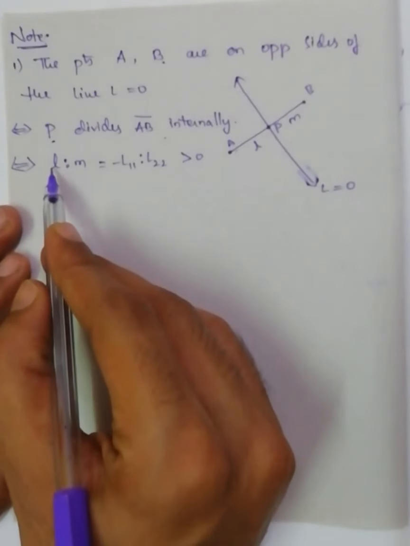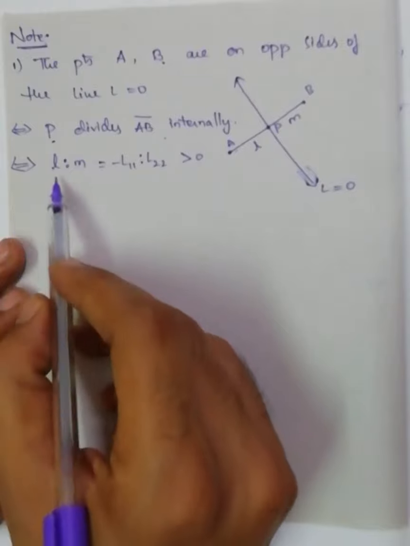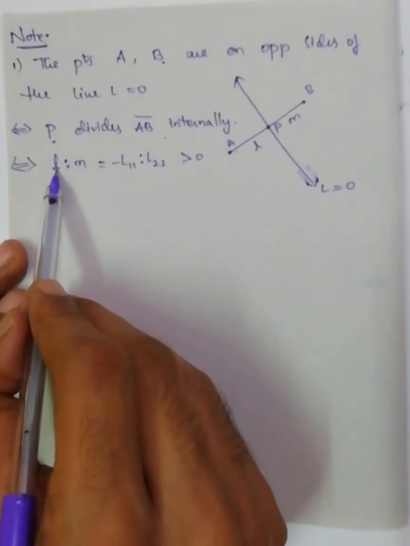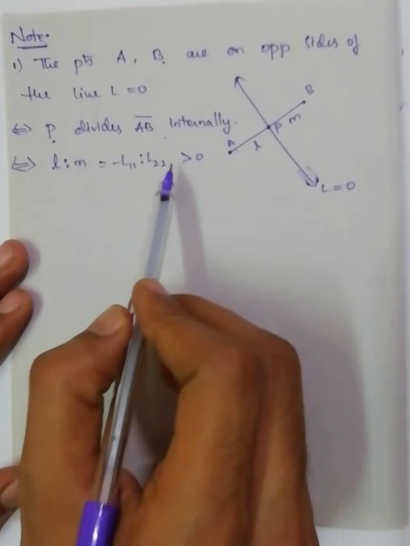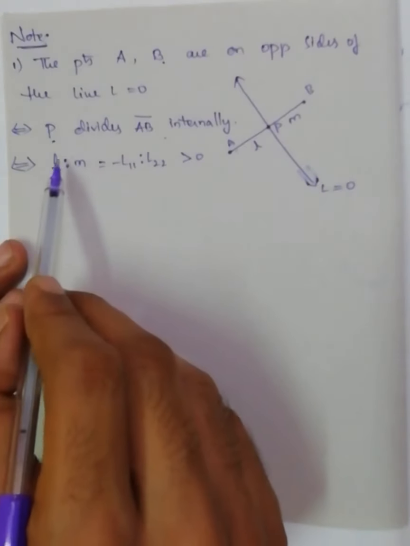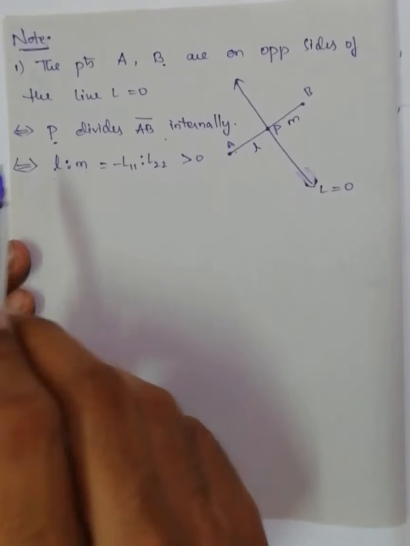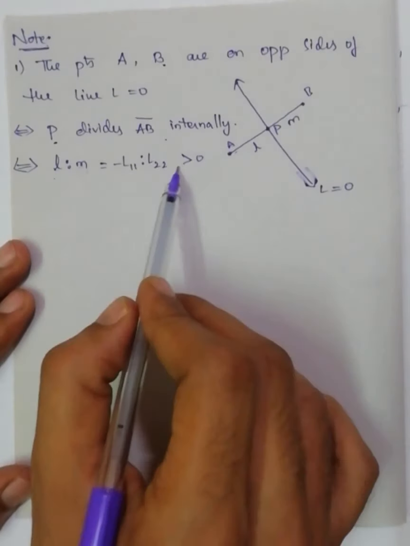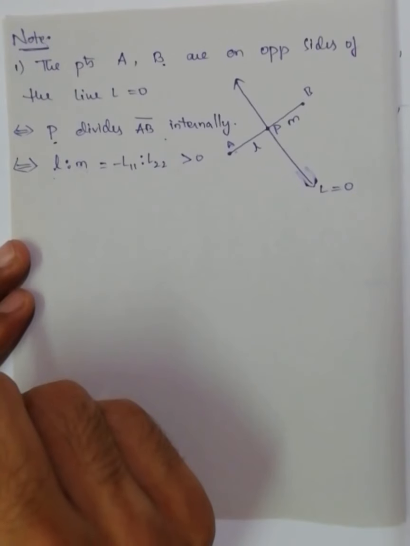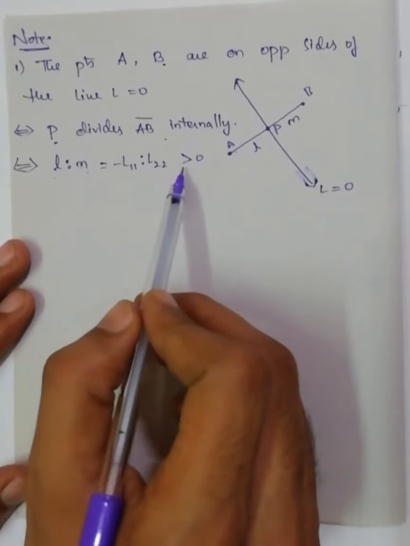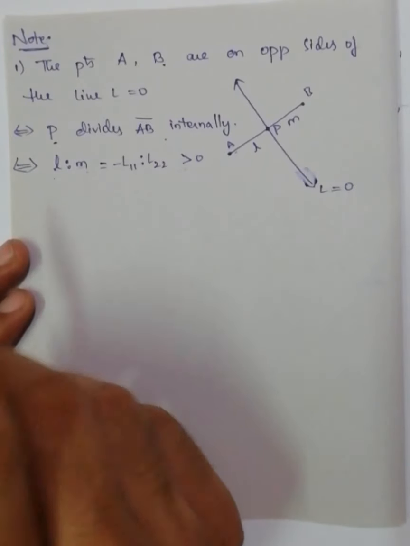If both are positive, then this one will be positive. If both are negative, negatives get cancelled, again we will get positive. If one is negative, one is positive, we won't get greater than 0. Therefore, the ratio L is to M should be greater than 0.